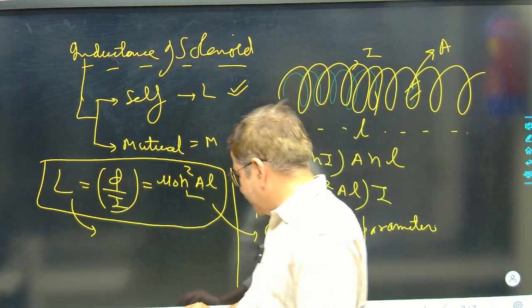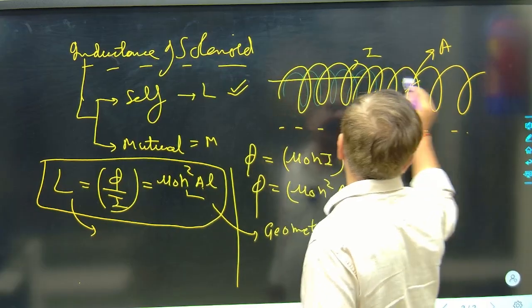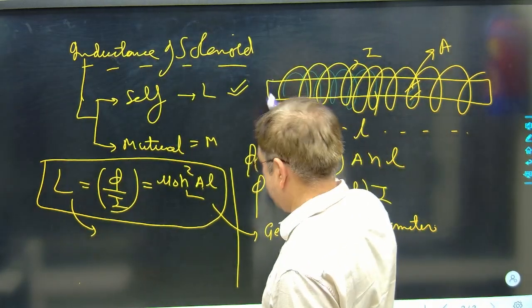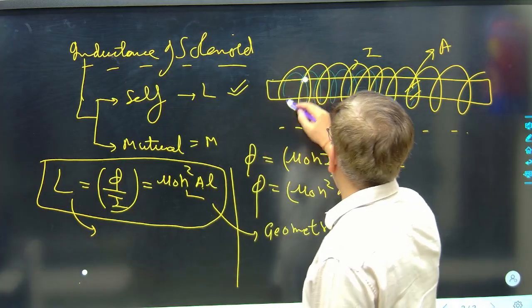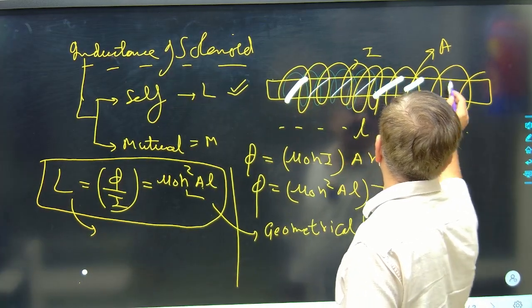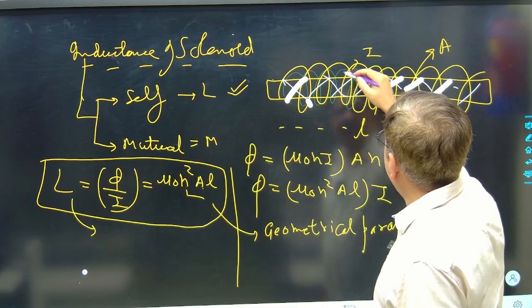Suppose sometimes I put a soft iron rod across it, like this. If the soft iron rod is put across here, the mu will change.